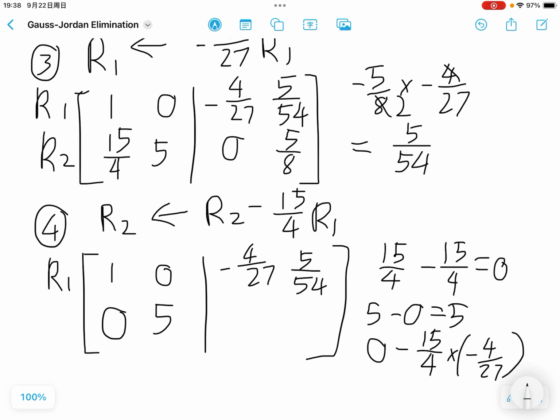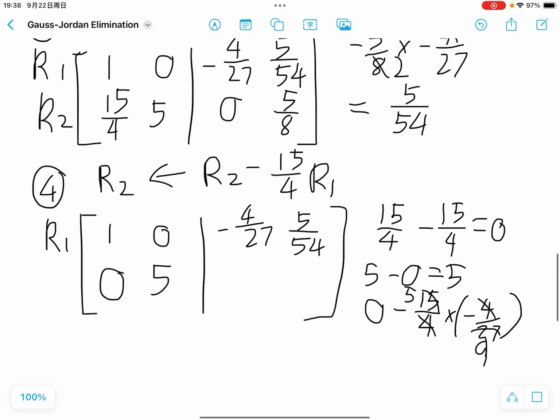And then 0 minus 15 over 4 times this, negative 4 over 27. So the 4's cancel out. The 3's, so we can cancel out 3 here. That's 5 over 9. So this gives us 0 minus negative 5 over 9, which is just positive 5 over 9.